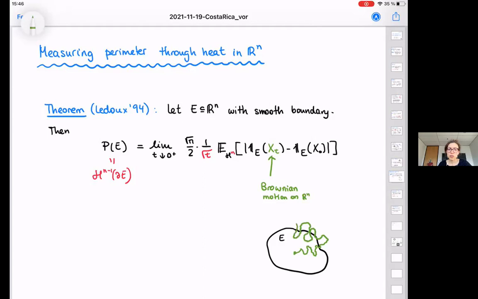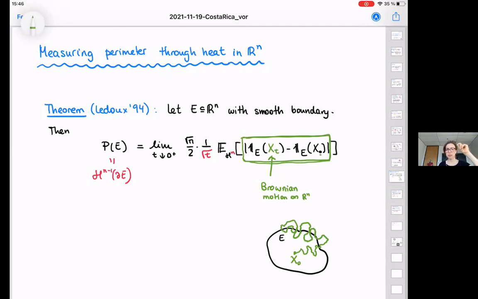And so what this quantity is doing, you see here, this is x naught. This x naught is the beginning of the movement, where the particle started. And this quantity here is counting how often the particle is going in or out of the set.